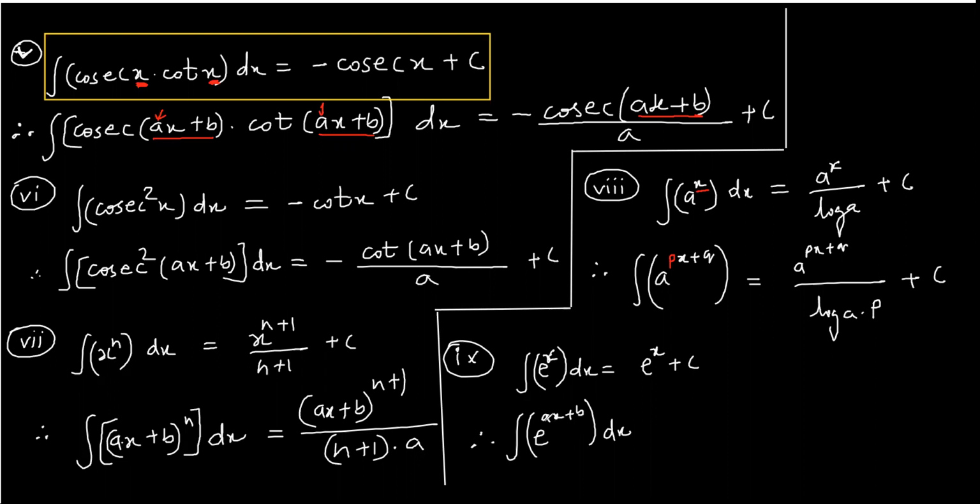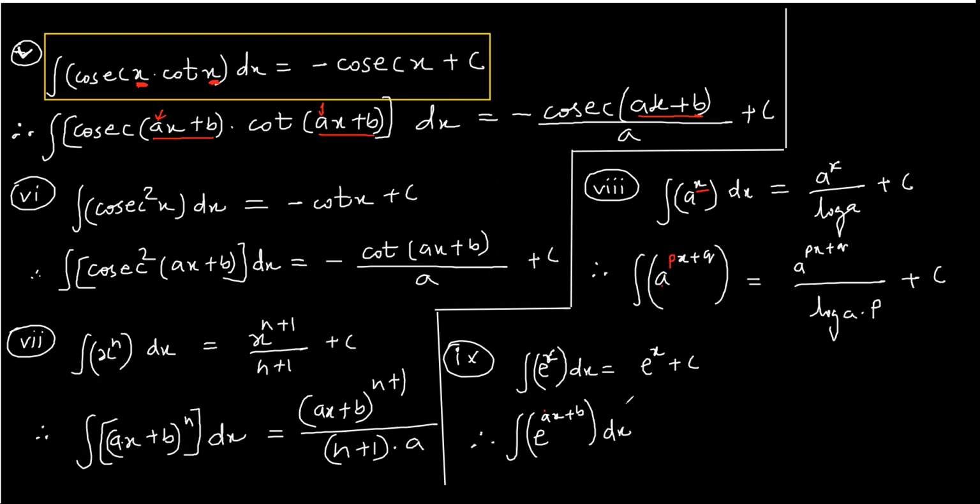See, here I'm not writing px plus q. Why? Because here I don't have any other a, but here I did so because the base was also a. So if I had written here ax plus b, that would have made this confusing, which a where.